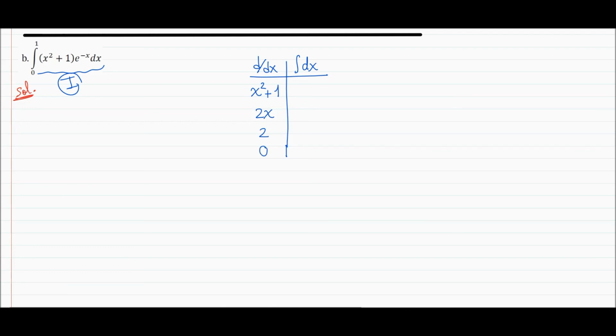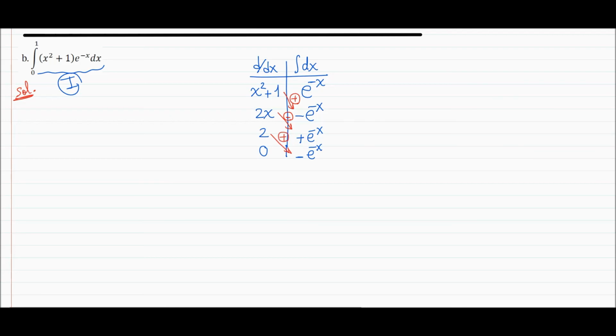And I have to integrate the other function, which is e power negative x. So the integration of e power negative x will be negative e power negative x. Once again it will be positive e power negative x. Once again it will be negative e power negative x. And the signs will be positive, then negative, and then positive.